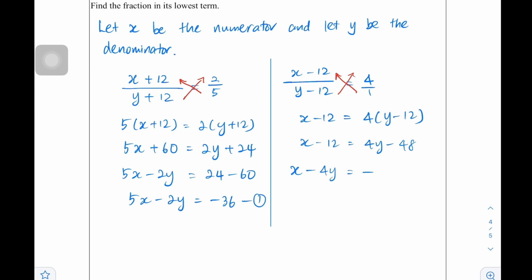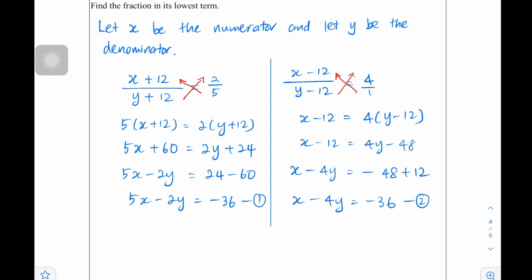And I can add 12 on both sides to get rid of the negative 12 on the left hand side. Alright, so this will give me x - 4y equals negative 36. And again, this looks very much like the usual simultaneous equations that we solve. So let's call this equation 2.